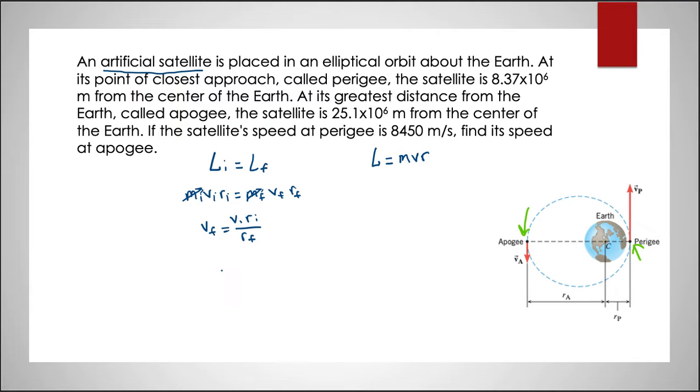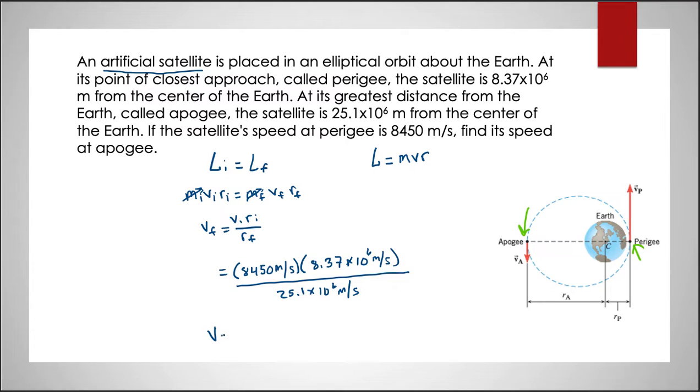All right, and if we substitute some numbers in here, that means our initial vi is going to be 8,450. Our initial r is going to be 8.37 times 10 to the 6th, and our final r is going to be 25.1 times 10 to the 6th.